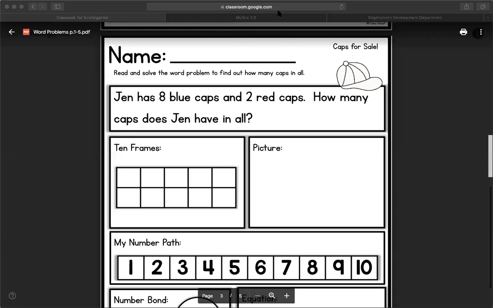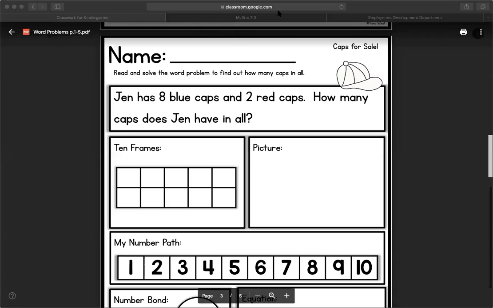Okay, yeah, so here's the 10 frame. 4, 5, right? And then it shows she has 2 red caps. 8 plus 2 is 10, then you shade it like this. 1, 2.